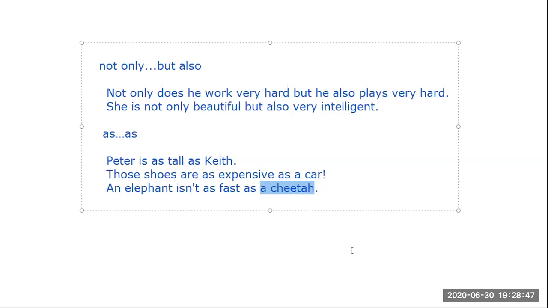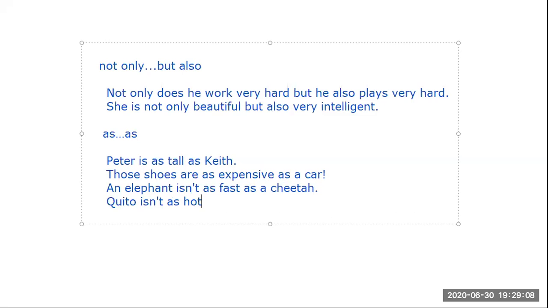So a cheetah is faster than an elephant. Quito isn't as hot as the coast.